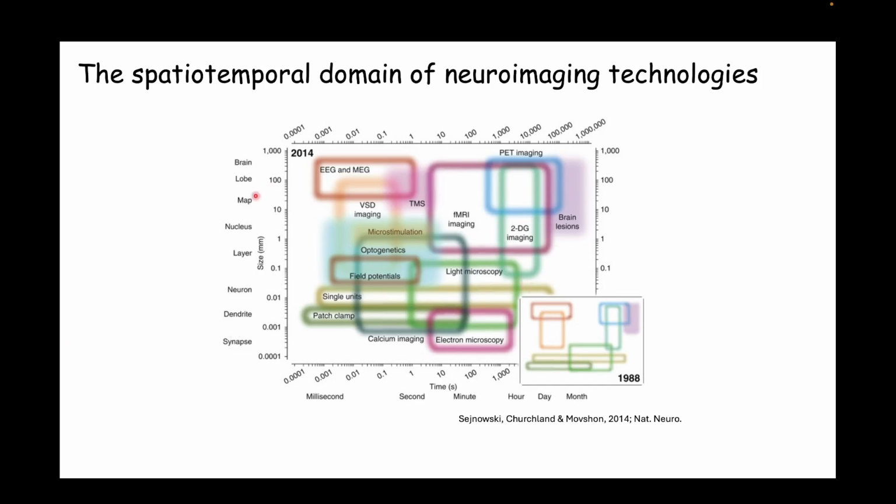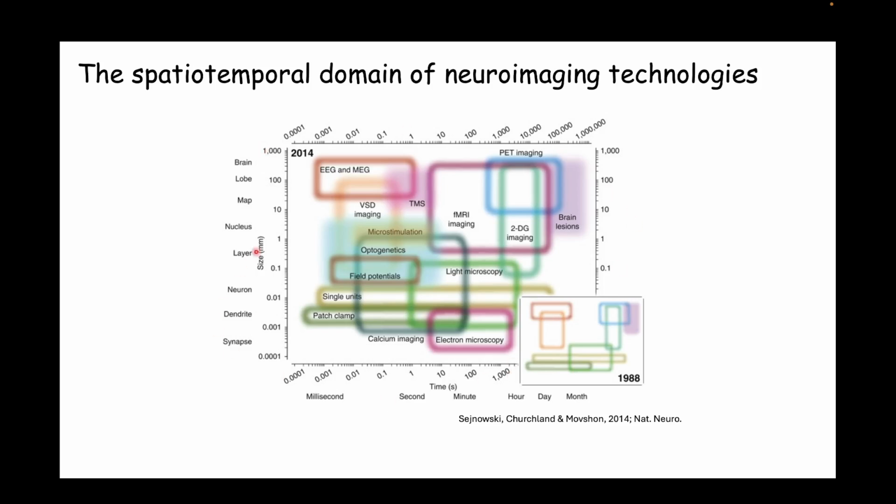If we plot them on a 2D map, on the y-axis you see the spatial scale that we are able to record, in mm, and on the x-axis you see the temporal resolution that the technique can provide us to record the brain activity.